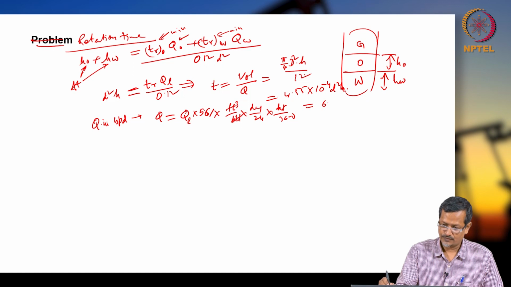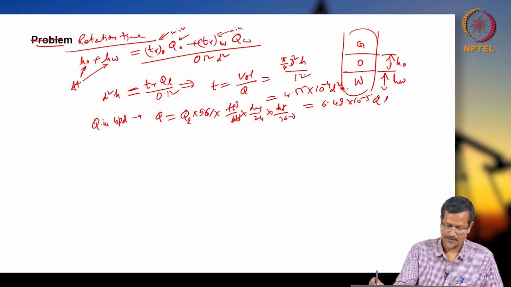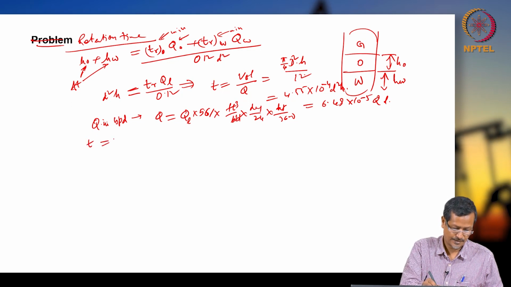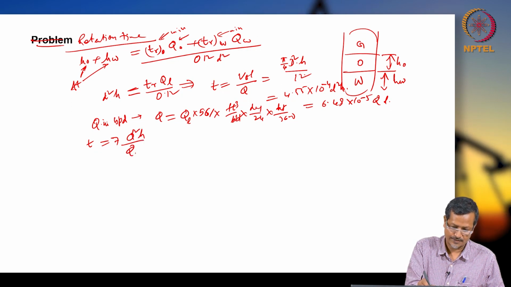So finally we are getting 6.49 into 10 power minus 5 QL. Okay, and T equals D square H by QL.